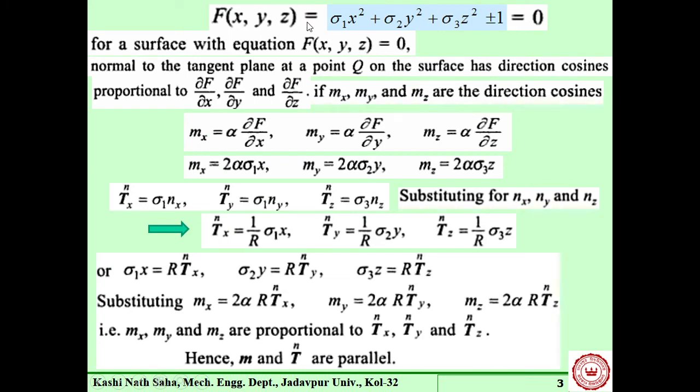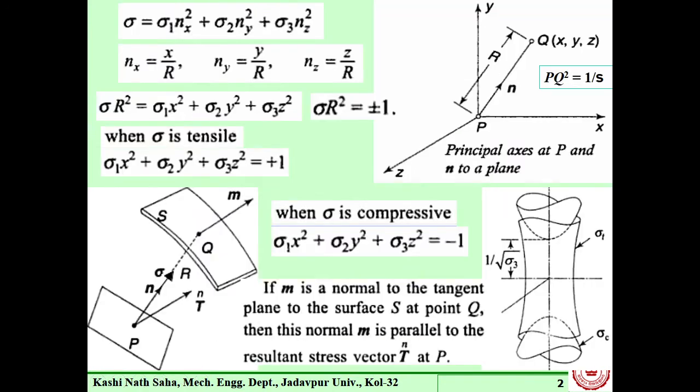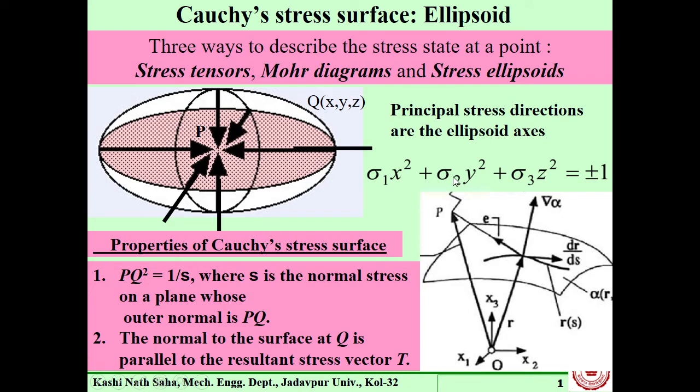That means, if the equation of a surface is in 3D, it will have x, y and z coordinates, and if we express it in this form, f(x, y, z) equal to 0. What is our f(x, y, z) here?